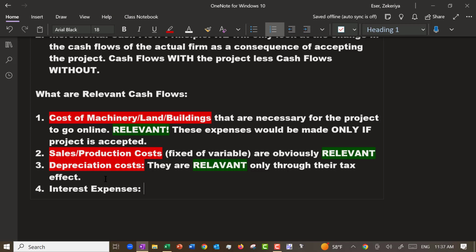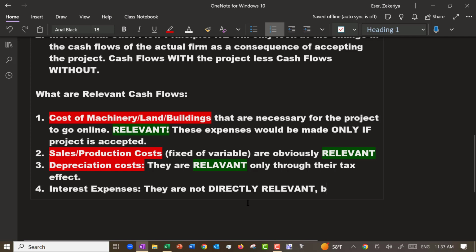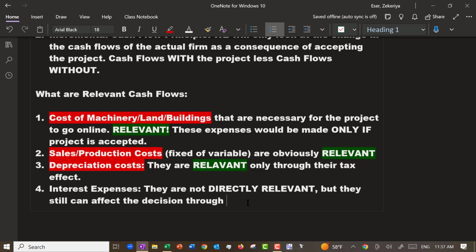They are not directly relevant, but they still can affect the decision through their effect on the cost of capital.